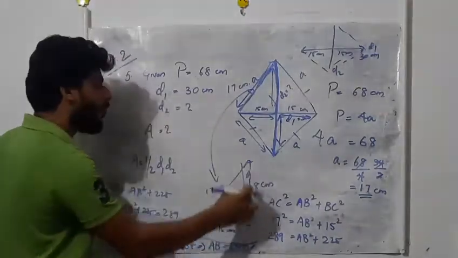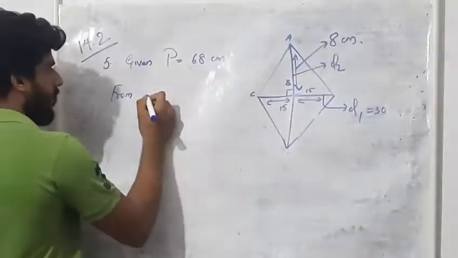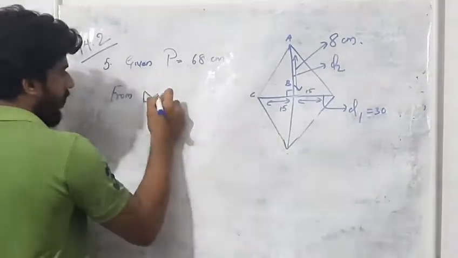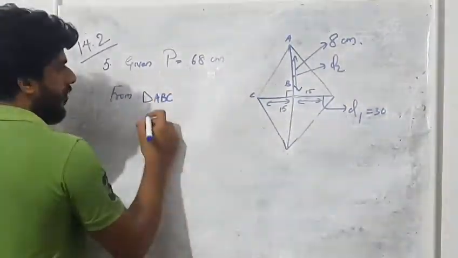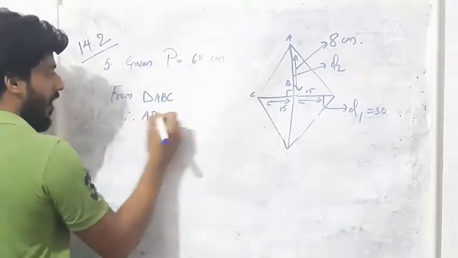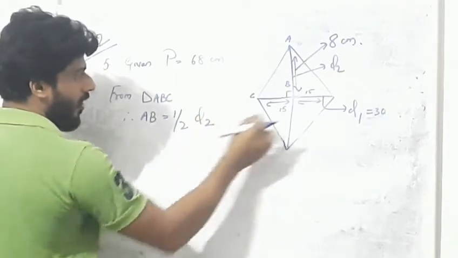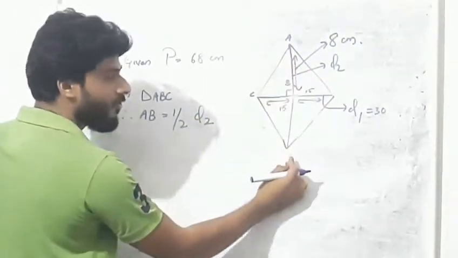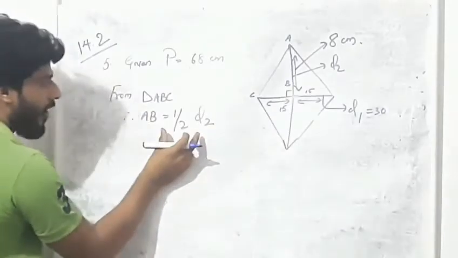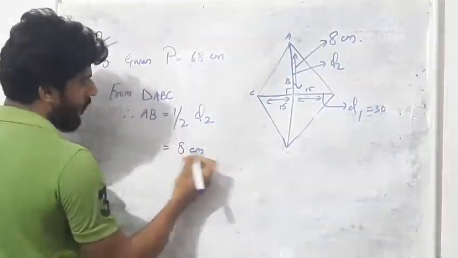We already know that this part means half of our diagonal. So from triangle ABC we have received the value of AB, which means half of our diagonal D2. This whole is our diagonal D2, and we have received the value of half of diagonal D2 as 8 centimeter.